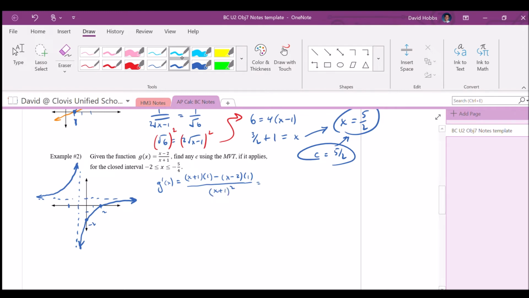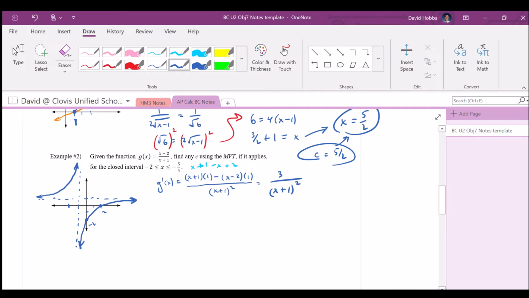So we have (x plus 1) minus (x plus 2), and so our derivative is 3 over (x plus 1) quantity squared. Okay, so that's our derivative.